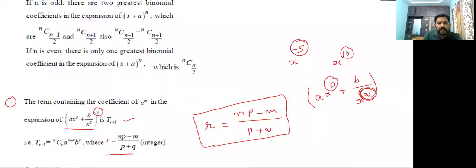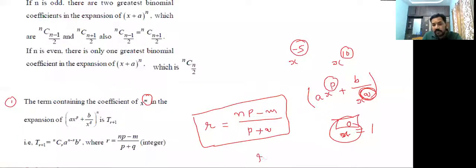Next, sometimes they will ask, find the independent term. Independent term means constant term. That means the x^0 coefficient. x^0 means that is 1, or not? 1 means constant only. x^0 means instead of m, what is there here? 0, or not?